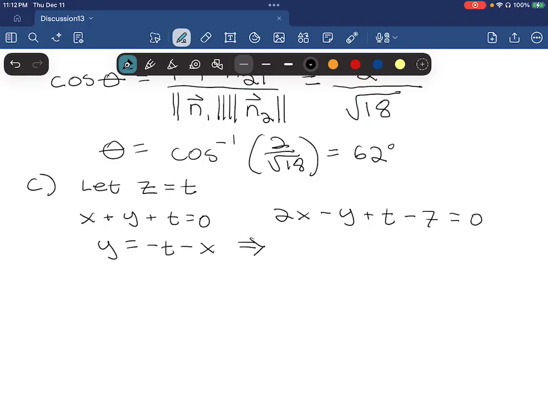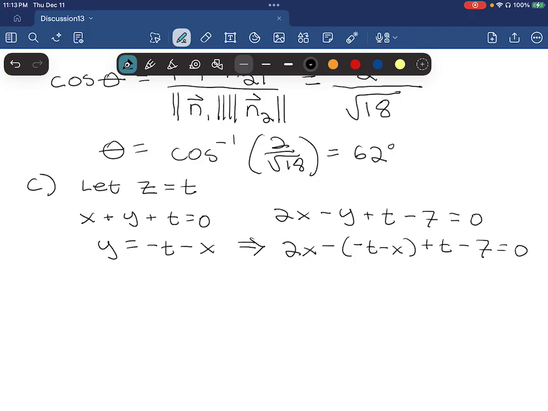And then we're going to substitute that into this equation. So 2x, and then for the y, we're going to do minus t minus x, plus t minus 7 equals 0. And now let's just simplify that.